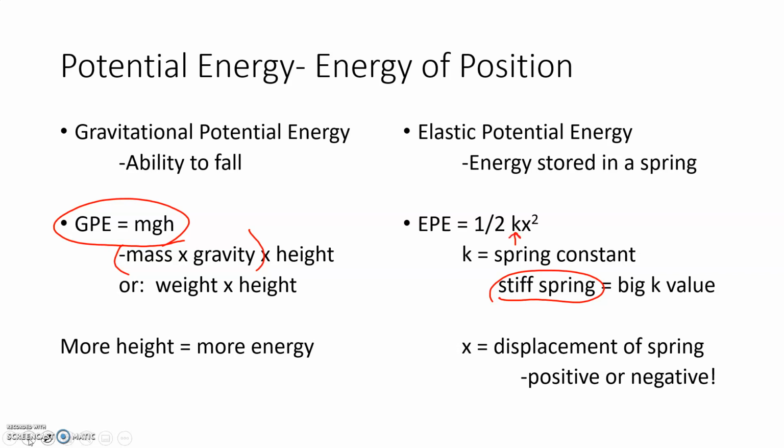The x value is how far you stretched it or compressed it, and that is squared. The farther you stretch it, it's not a linear value. It's an x squared value. It's a curve. The farther you stretch it, it doesn't increase linearly. It increases squared.